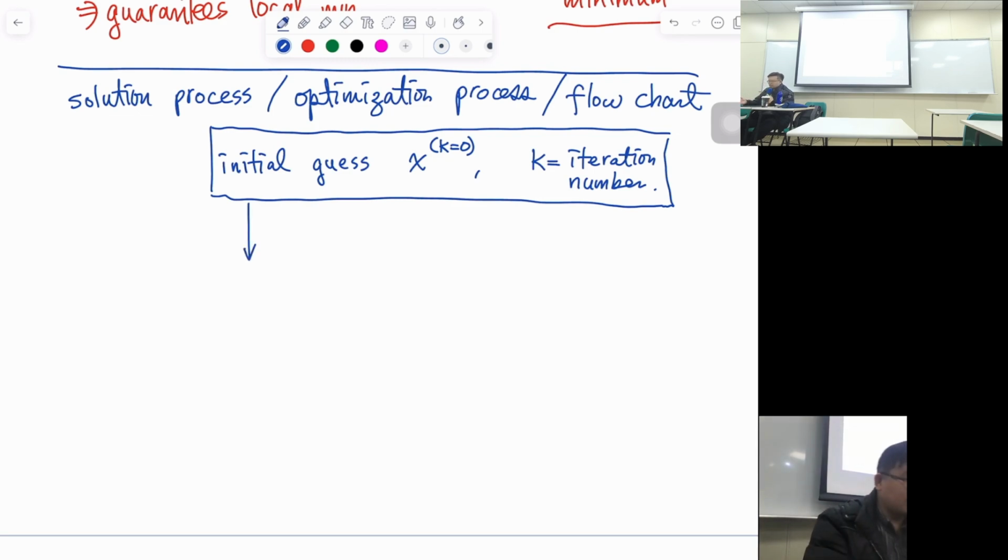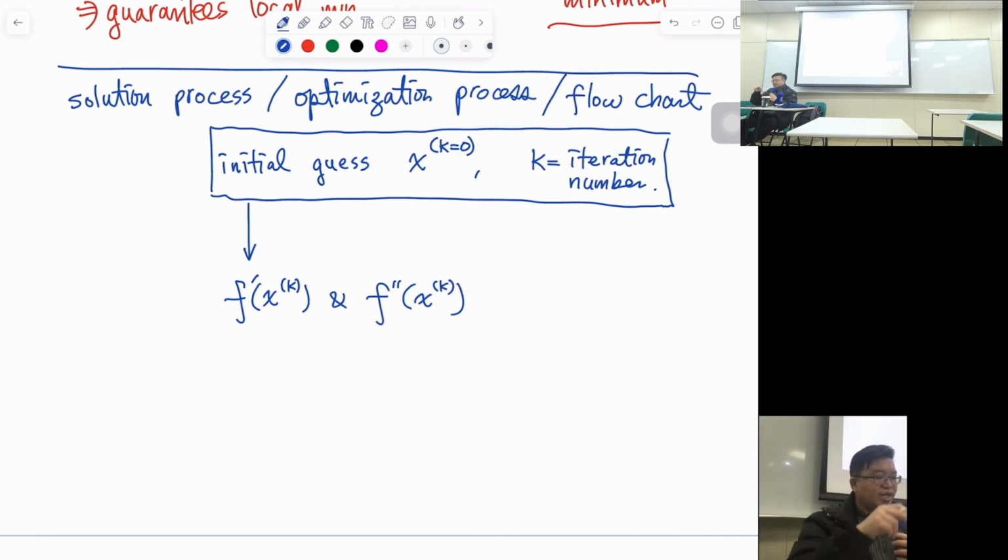Okay, next. For Newton's method, you need to solve for f prime of xk and f double prime of xk. So now use xk as basically the expansion point. And inside the Taylor expansion, you need to know f prime and f double prime.